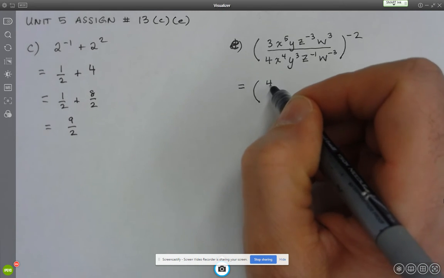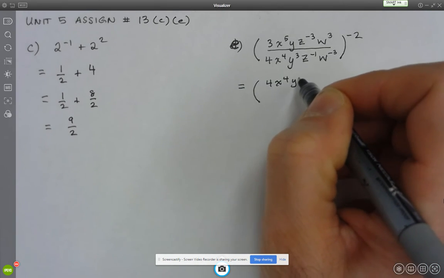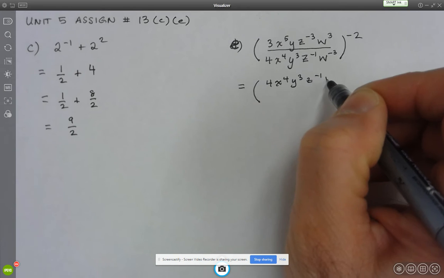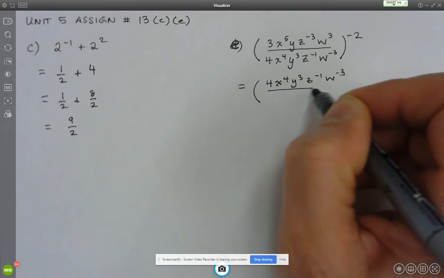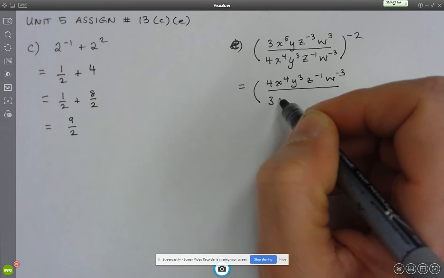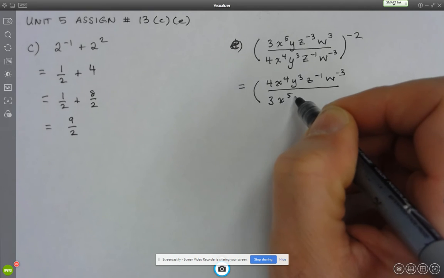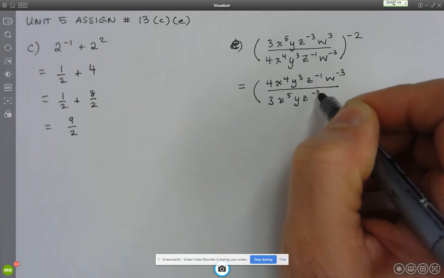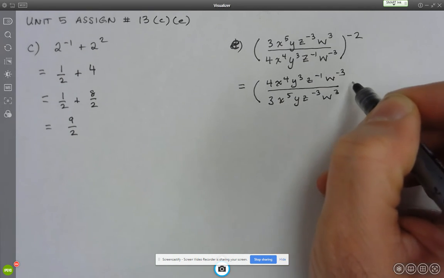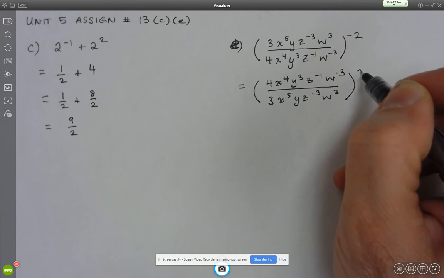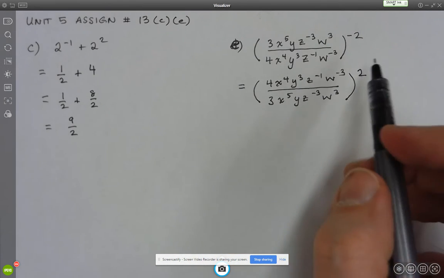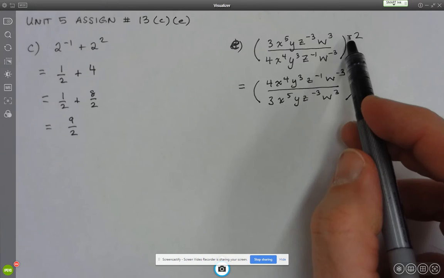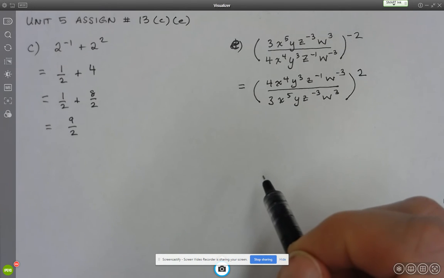So that's going to be 4x to the 4, y cubed, z to the negative 1, w to the negative 3, all over 3 times x to the 5th, y, z to the negative 3, and w cubed. Okay, and so this is now going to be just squared because I've already incorporated the negative portion of the exponent.